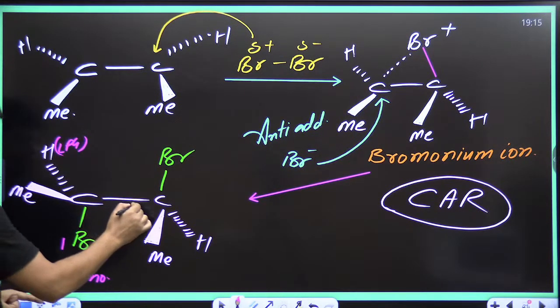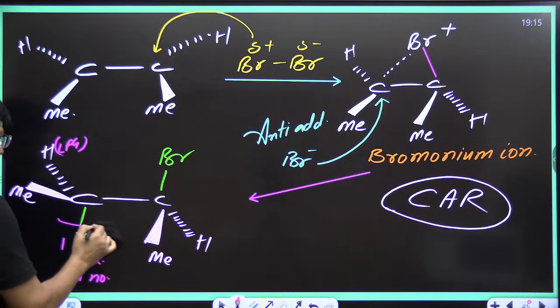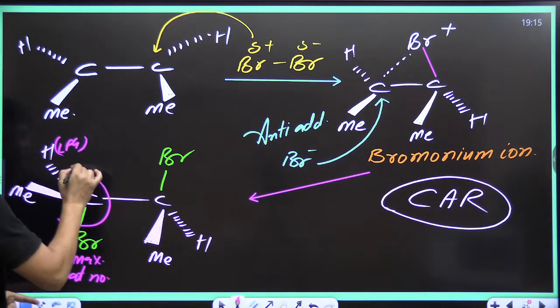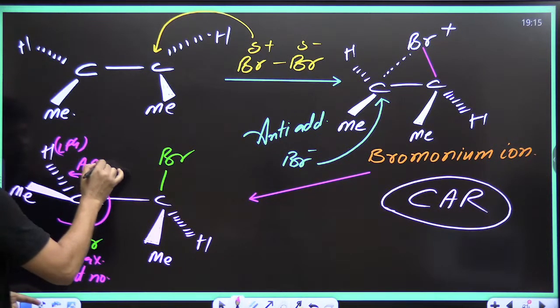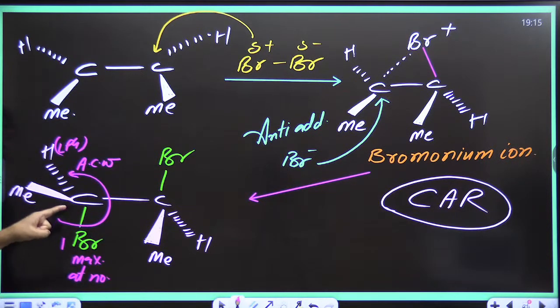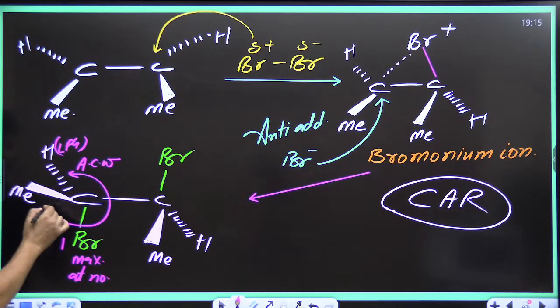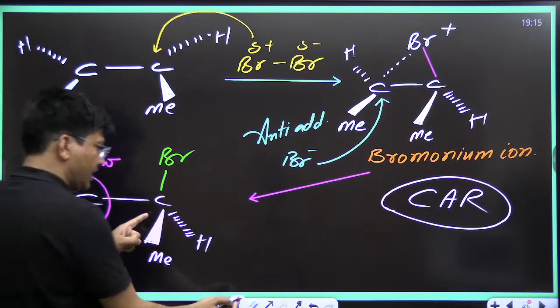So number 2 should be given to that carbon, and the arrow is moving in which direction? This is anti-clockwise. If the arrow is moving anti-clockwise and LPG is going away from you, that means its configuration is S configuration. This is S configuration. So it has also to come S configuration.